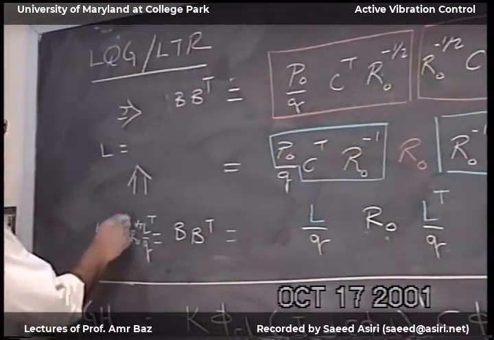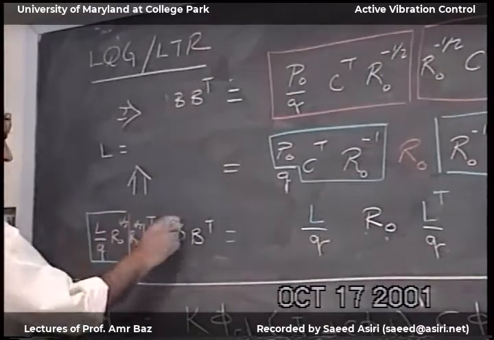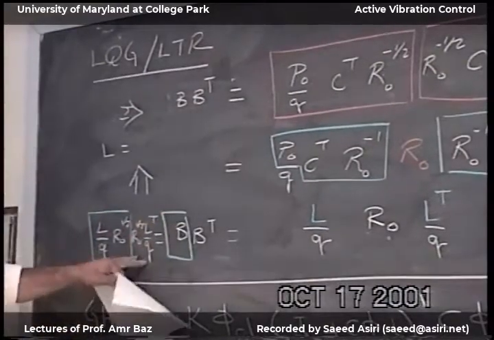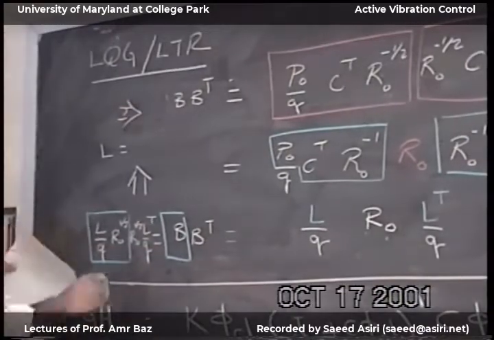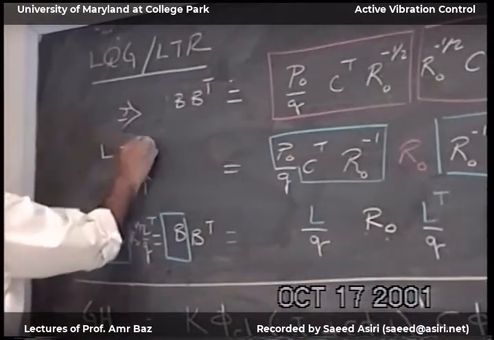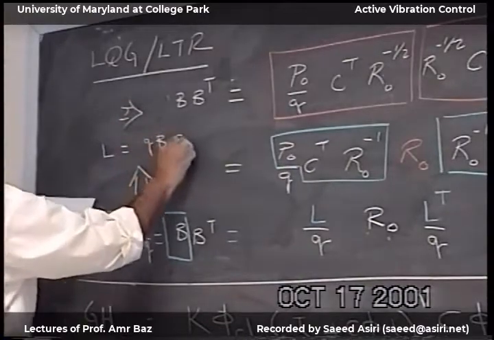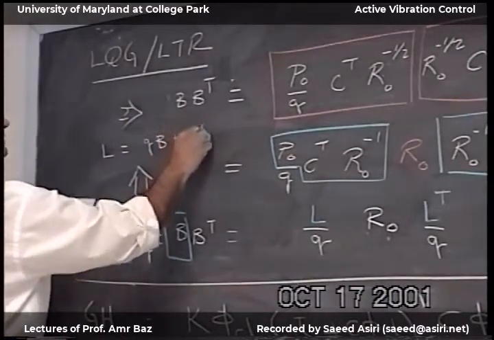So the L will be this term, and the B, this is the transpose of it. So from here L0 will equal to Q B and R0 to the minus 1.